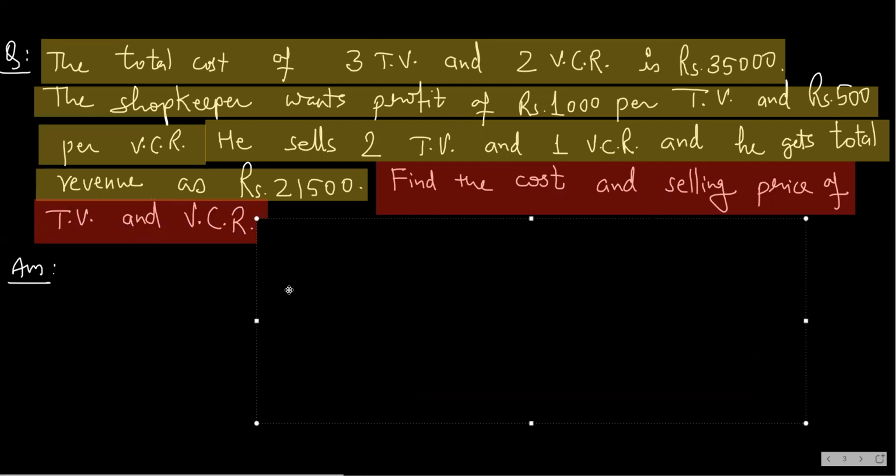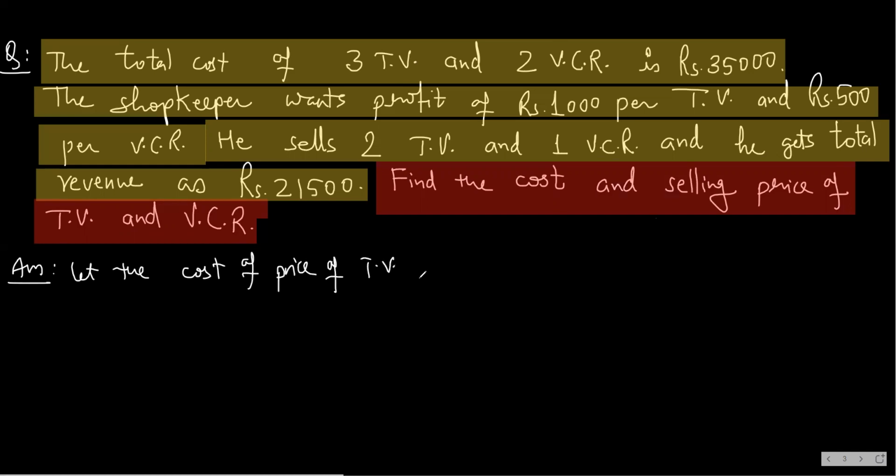Let us start solving the question. So I will begin by writing, let the cost price of TV and VCR be rupees X and rupees Y respectively.